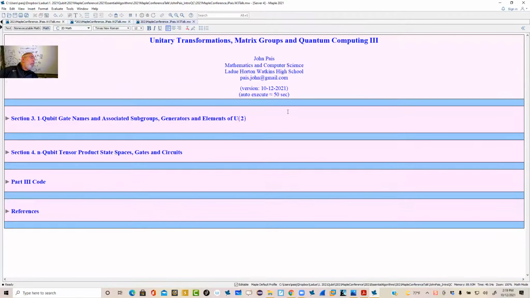So on worksheet 3, we make a connection, in this first section here, with the material we did in worksheet 1, which is the linear algebra we did there, and we recapitulate a little bit of that.